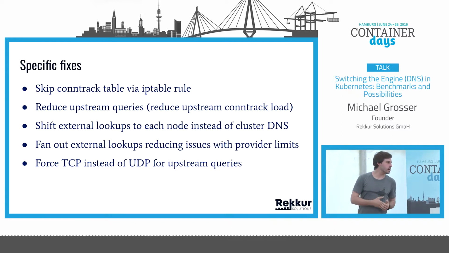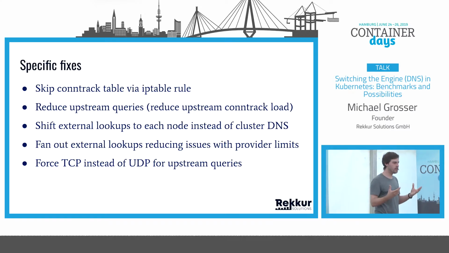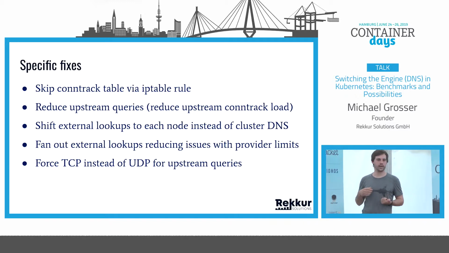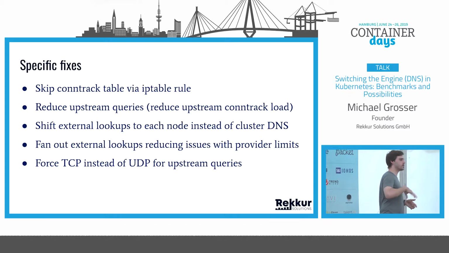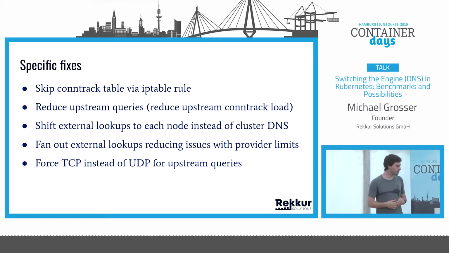That usually is your cloud provider. So that's really helpful. You're basically fanning out the whole load of all your external queries to each node. So if you add a new node, you get new limits from your cloud provider, you get new capacity to push to the upstream, and it usually is much, much smoother.